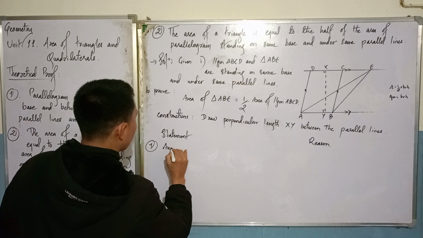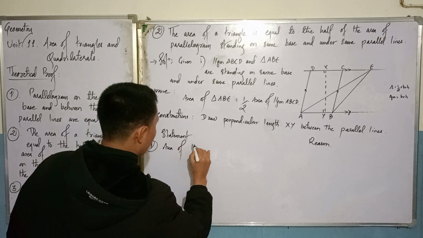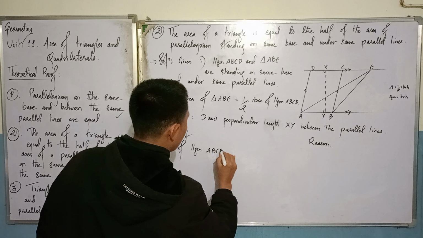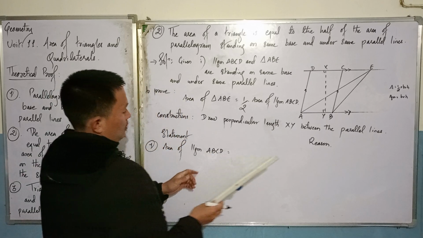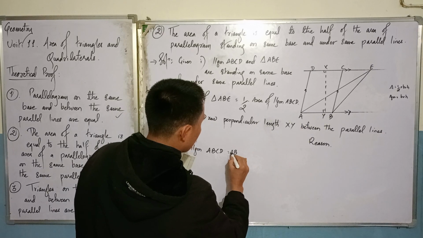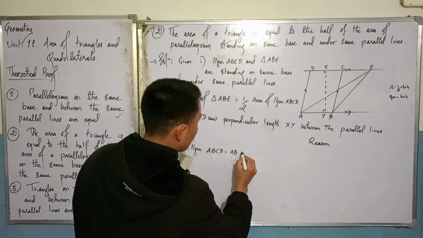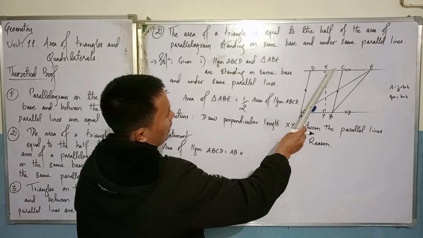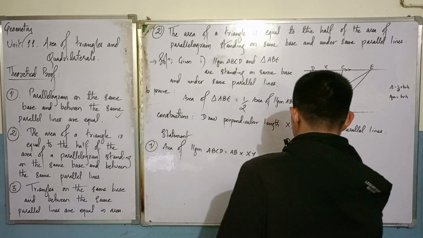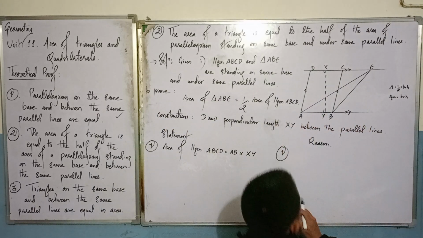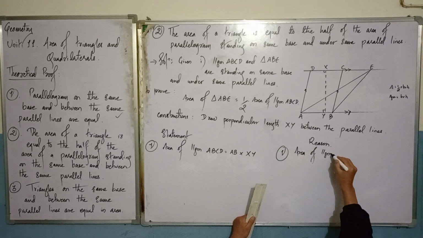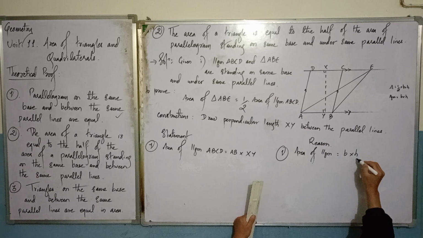So what will be the area of parallelogram ABCD? In parallelogram ABCD, AB will be the base, AB times xy, with xy as the height. And you write the reason: area of parallelogram is equal to base into height.